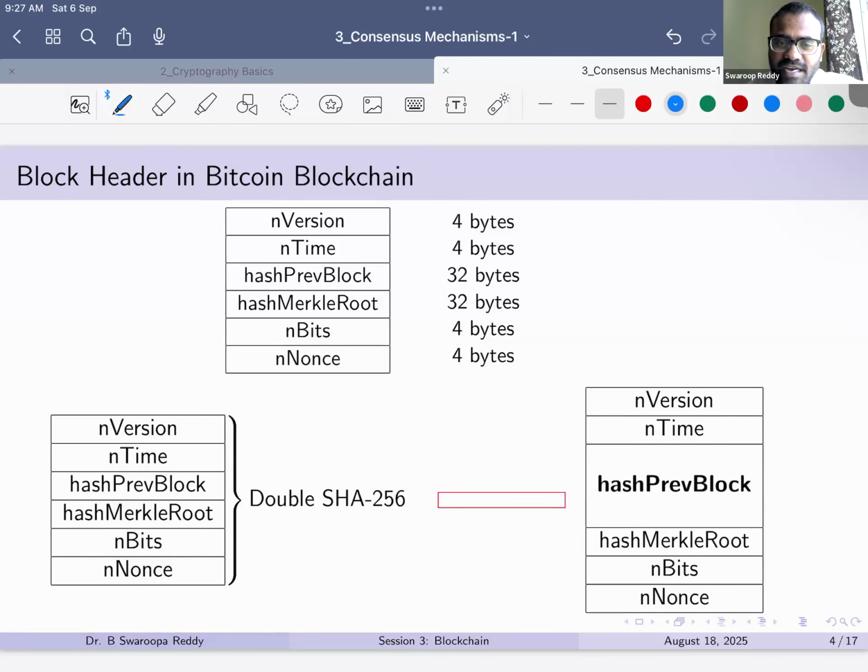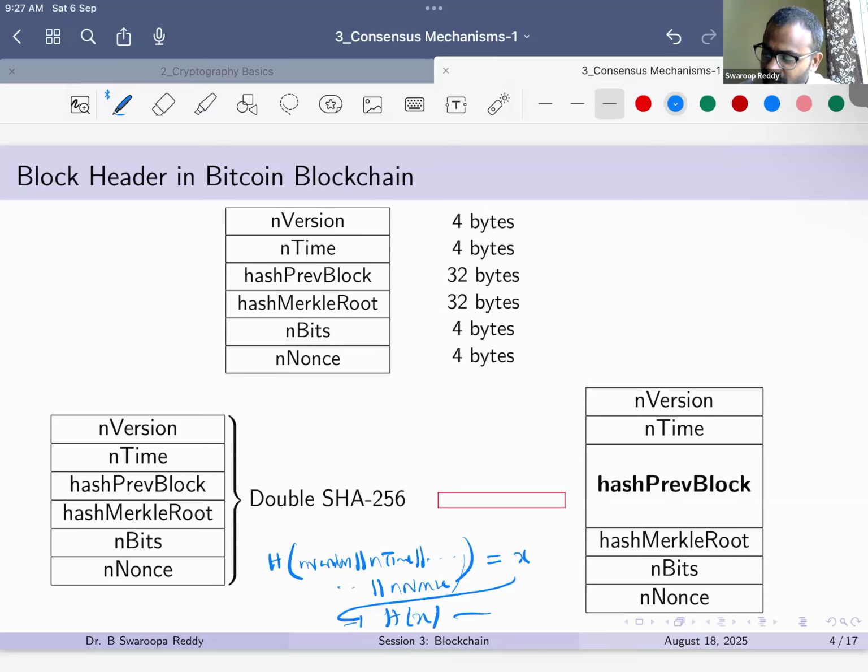First, it computes one hash over all these parameters: nVersion concatenated with nTime, concatenated with all those values, and at the end the nonce value. This gives some value, call it x. Again this x value is hashed to compute y. So this is a double hash. First it hashes once by taking all these parameters, and the output of that is hashed again into the final hash.